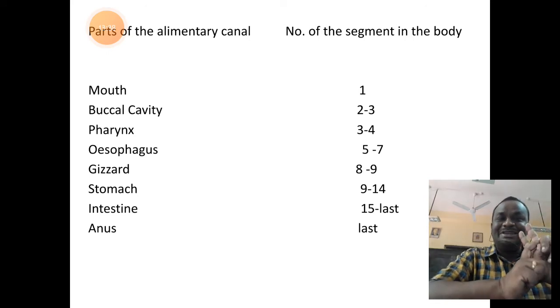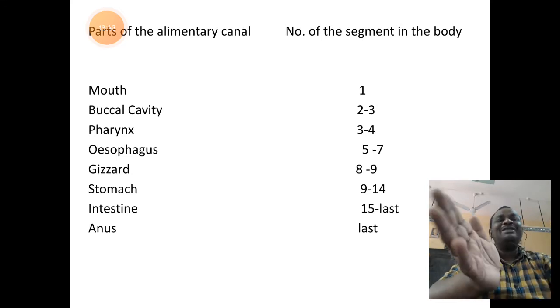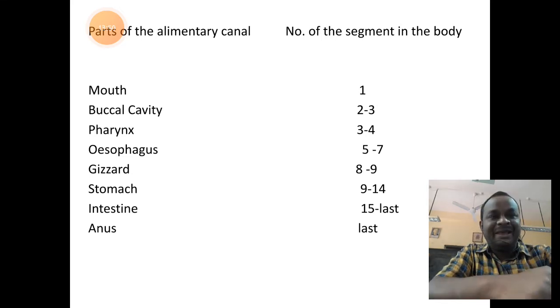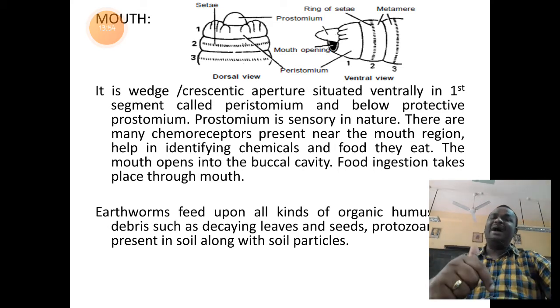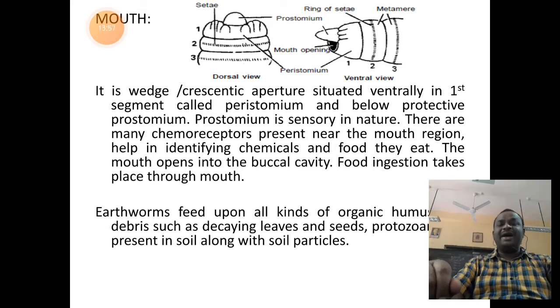These two important concepts of the digestive system related to the earthworm are seen in this particular slide alone, so remember this concept. Okay? Now, we shall understand each of the parts one by one. First one to start with is the mouth.